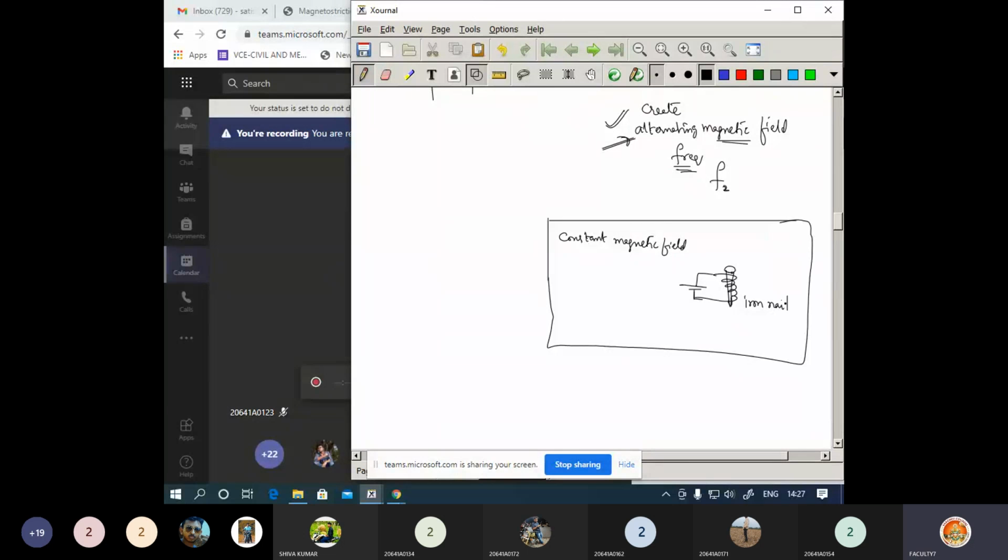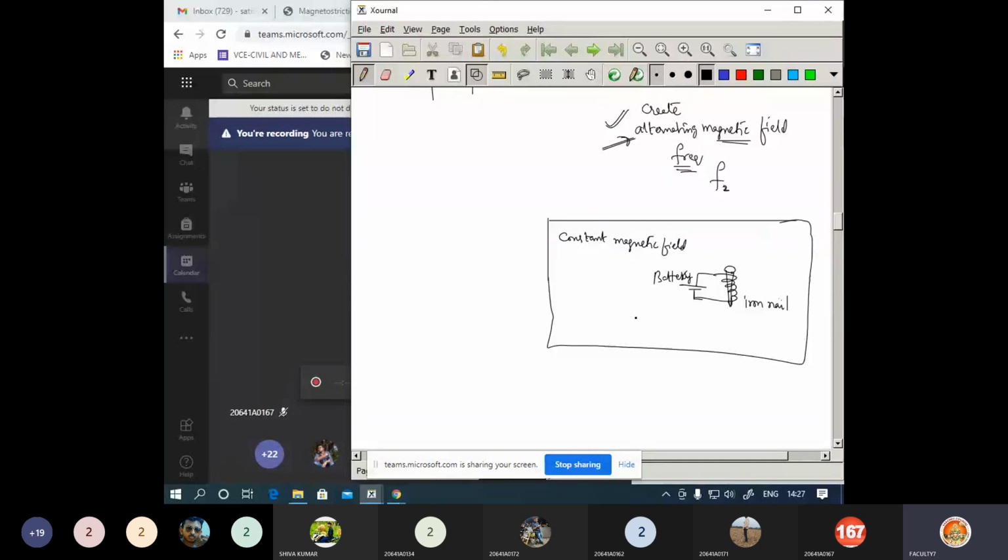This is an iron nail, and you are applying a coil in this form and you had applied a battery here, the DC supply. It is a DC supply. Now what can you expect? Vibrations. Okay, any more answers?